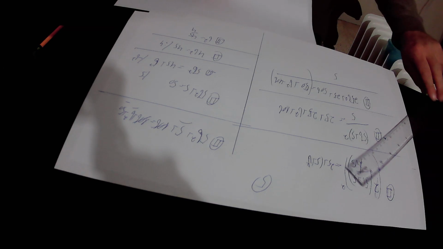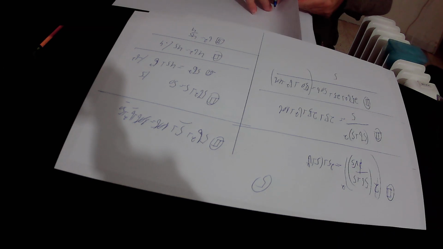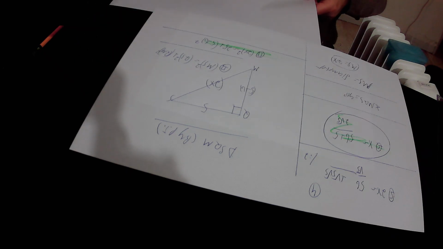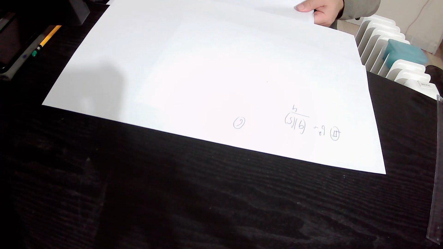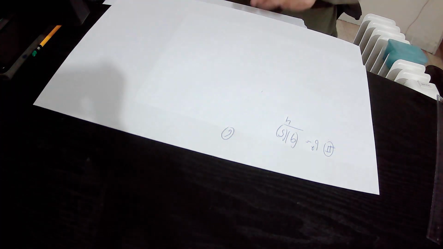We found out that b squared equals 9 times 5 over 4.